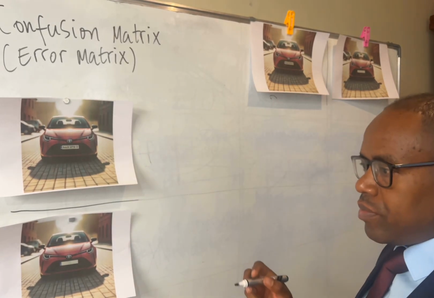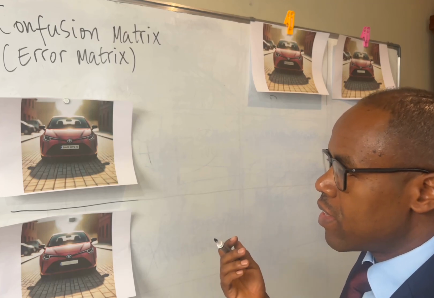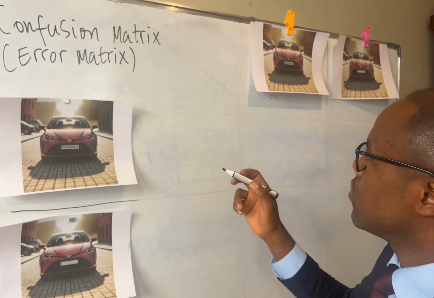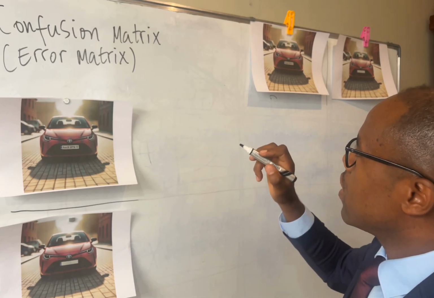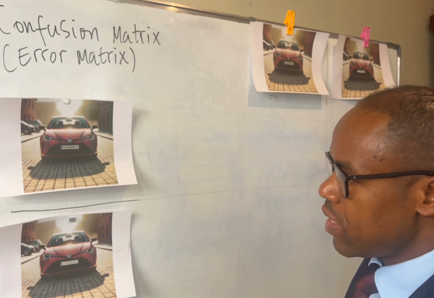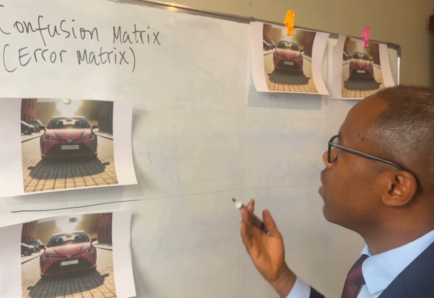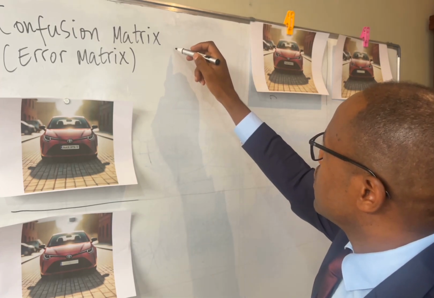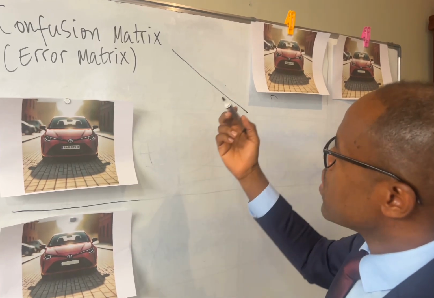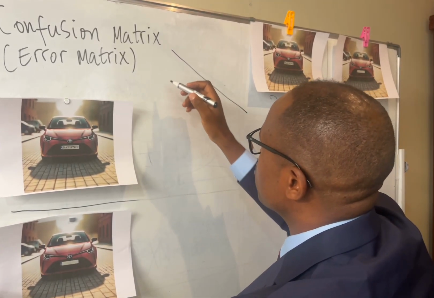So, how do we find the confusion matrix? To find the confusion matrix, we base on what we see as supervisors, because this is supervised learning. What we see as supervisors is called the truth, or ground truth.